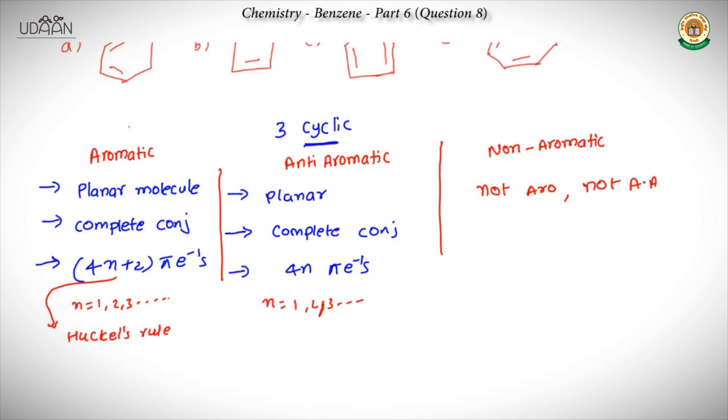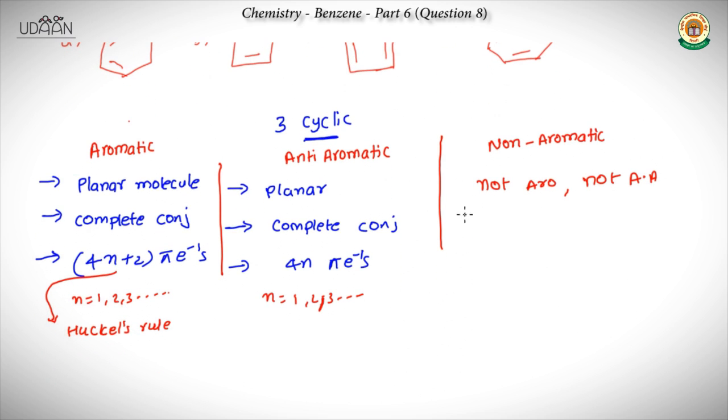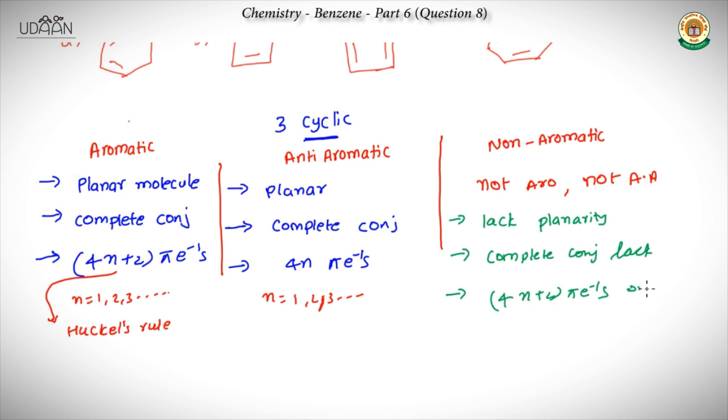That is, the characteristics would be if the molecules lack planarity, or if they lack complete conjugation, or even if they may not have 4n plus 2 pi electrons or 4n pi electrons.